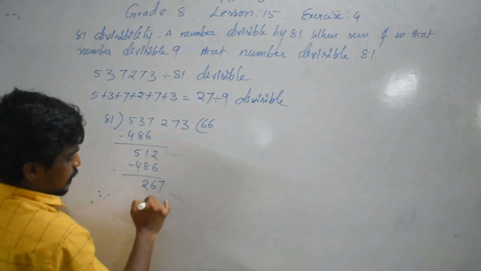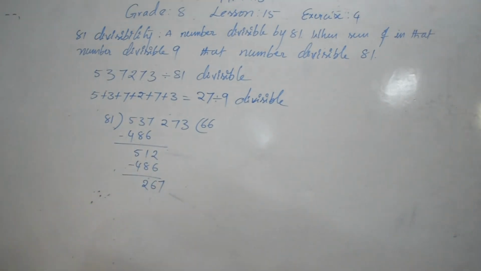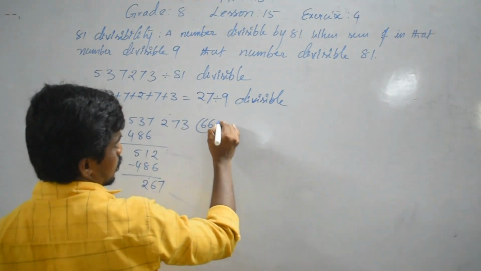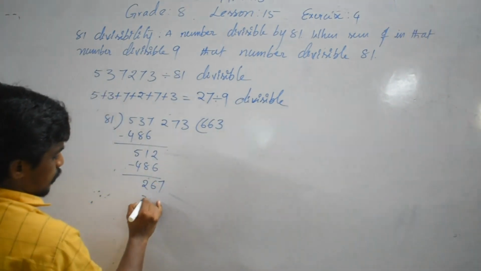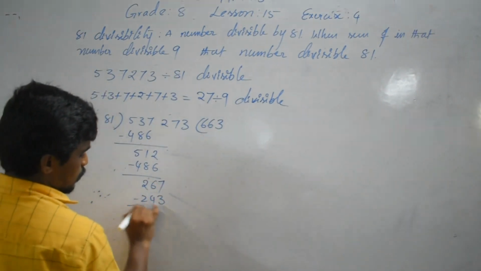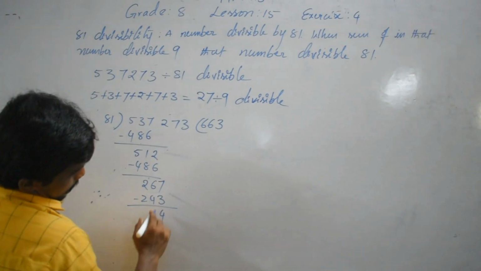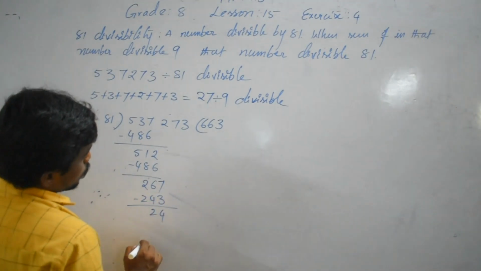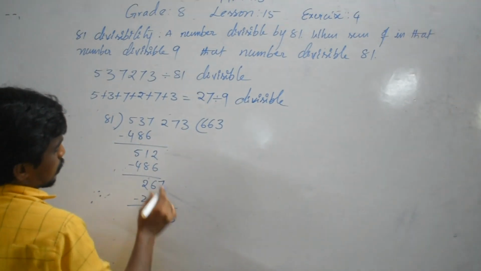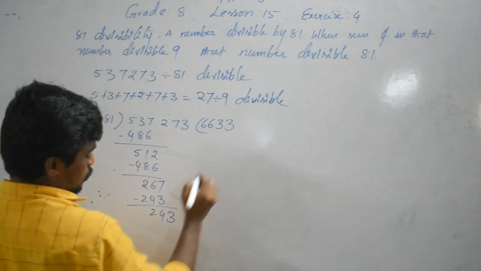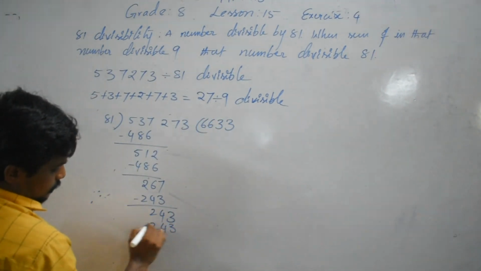Again 7, 81 times 3 is 243, and 4, then 2. Here 3, 81 times 3 is 243.